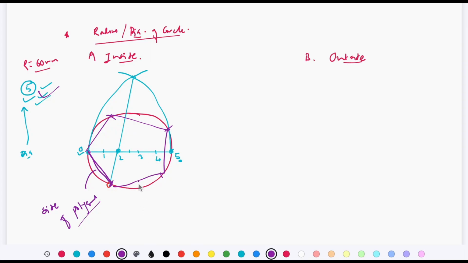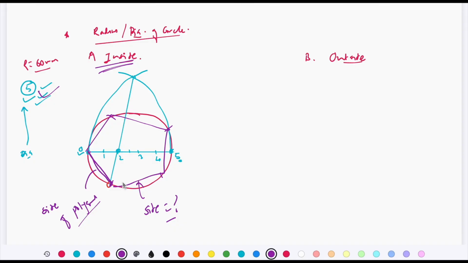Sometimes they may ask for the side of the polygon, which you can measure and specify. So this is one of the methods. There are a few more, but we are going to discuss this one method only. So by this method you can construct a polygon inside a given circle.